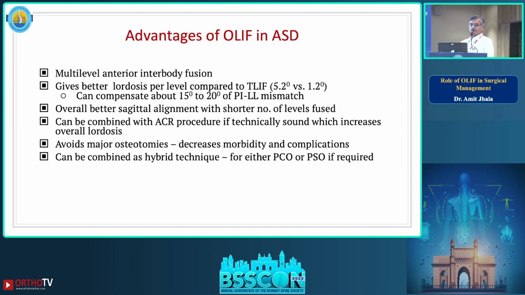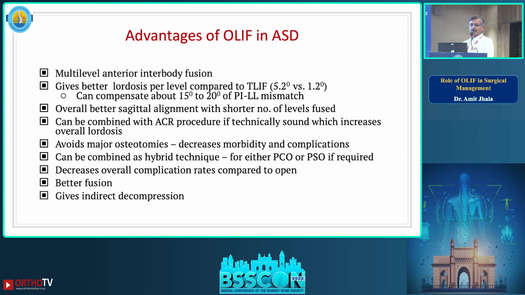You can combine it with a hybrid, and many times you can use a hybrid in a rigid type of deformity, where you get a good sagittal alignment and do a posterior. If you want to do a decompression, as in the last case, you can do a hybrid along with it. It decreases overall complication rates compared to open surgery, and you get a good indirect decompression and fusion. That's the other advantage of OLIF. So these are the advantages of doing an OLIF.